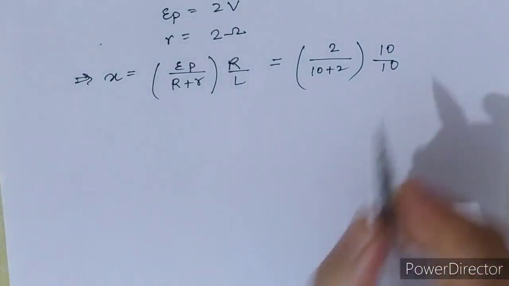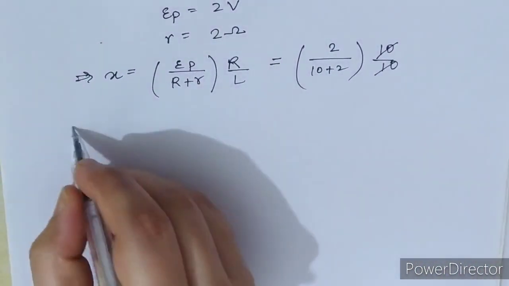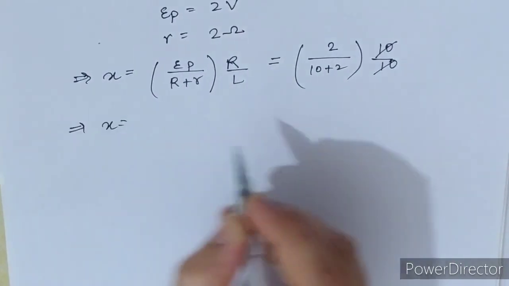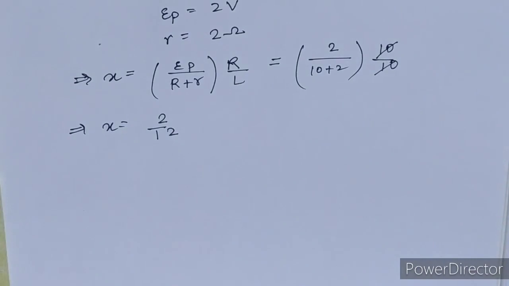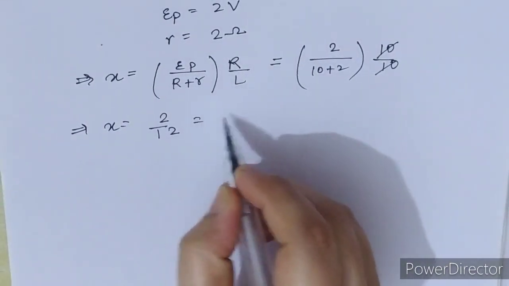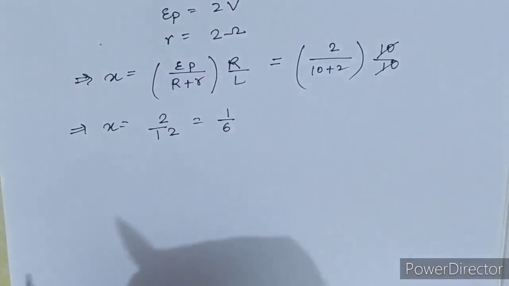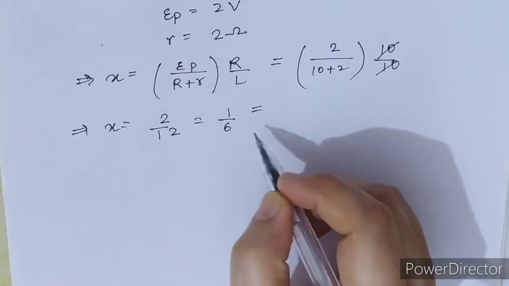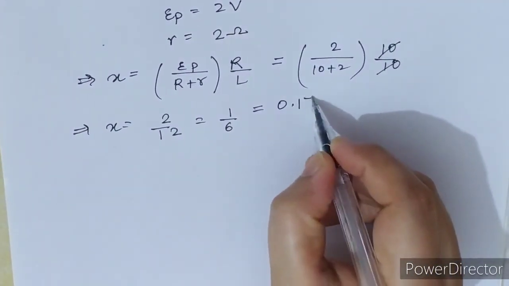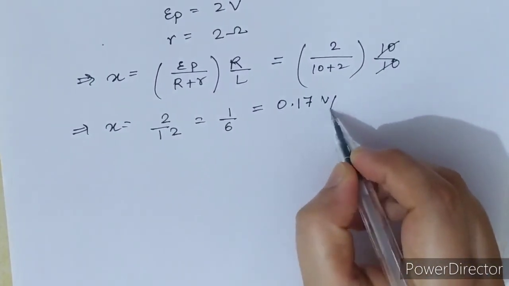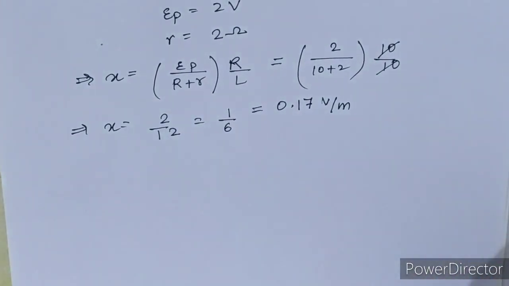So 10 and 10 cancel out. Here x equals 2 upon 12, and that will be 1 upon 6. So this value will be 0.17 volt per meter. This is the value of the potential gradient.